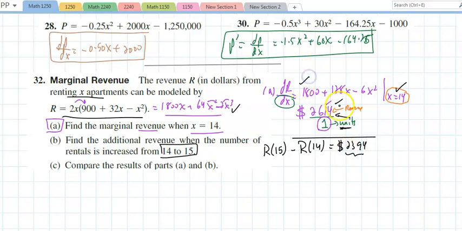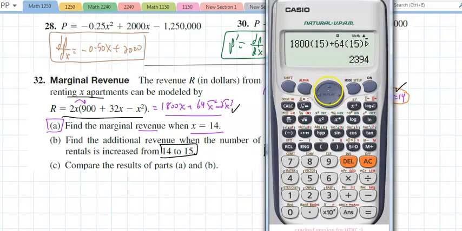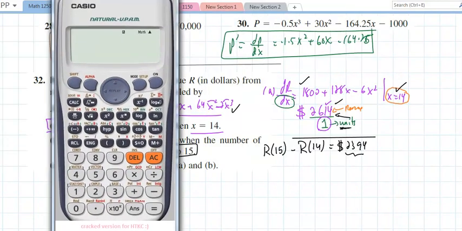Calculus got it in no time to be roughly, was it 26? Oh boy. I cleared it. Was it 2614? I think that's what it was. 1800 plus 128 times 14 minus 6 times 14 squared.